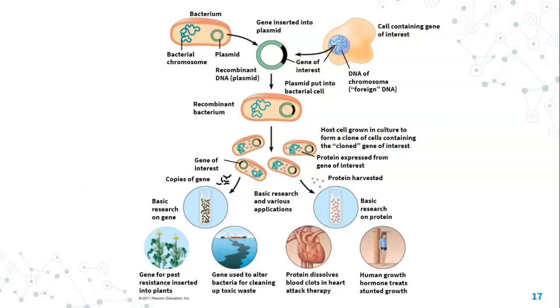We've got pest resistance, we've got cleaning up toxic waste, which is what I was talking about earlier with the plastic, but it can also be used for oil spills and stuff, dissolving blood clots in the heart, and human growth hormone can help with stunted growth of humans, of course. So there are a lot of really awesome applications to this research.